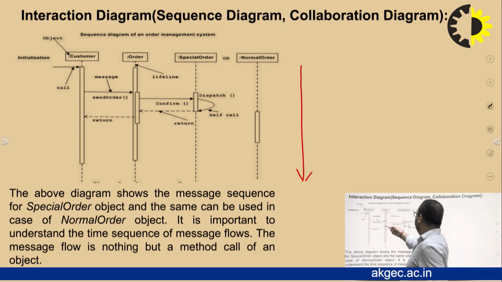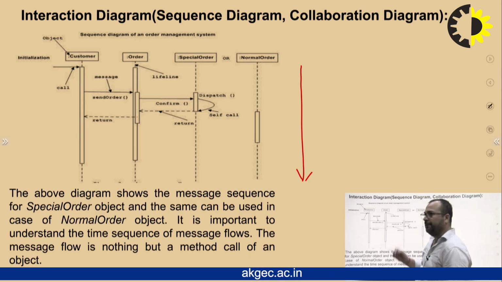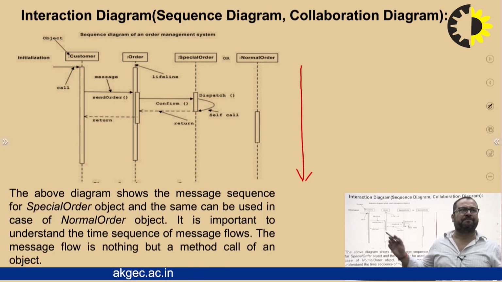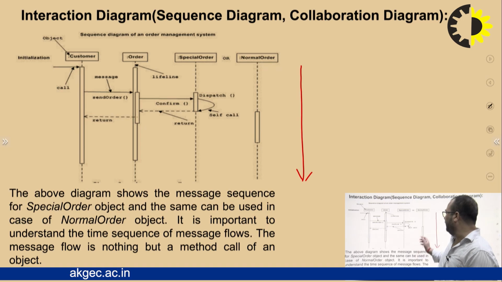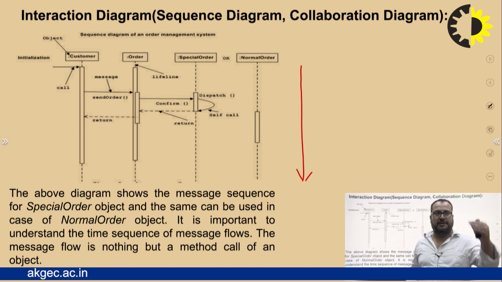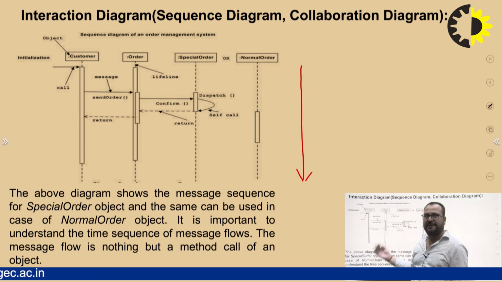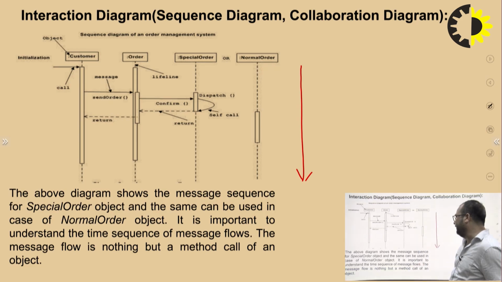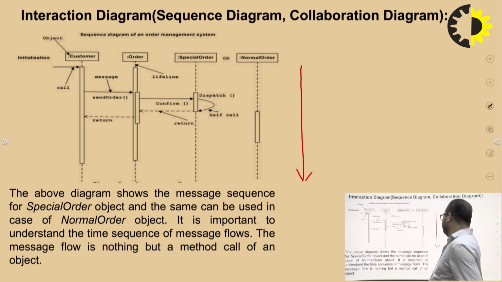Then the order is confirmed, then dispatch and all those. So this top to bottom shows the timing from initialization to the dispatch or even the return. So this is the time from start to end. Okay, so the above diagram shows the message sequence for a special order, and the same can be used for a normal order.